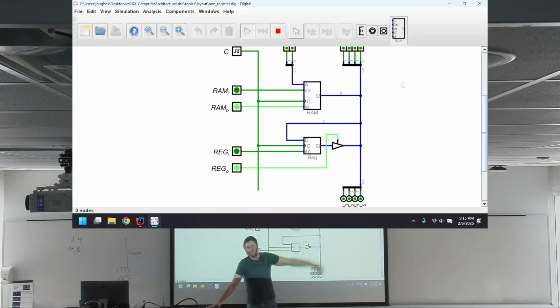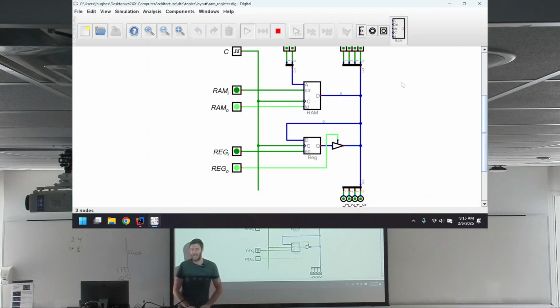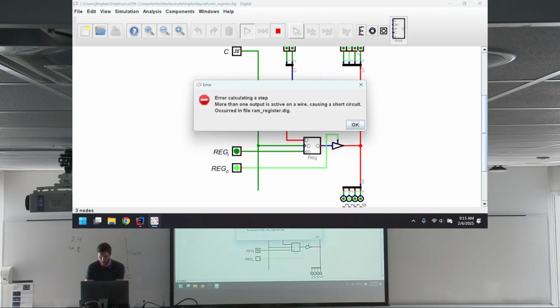What's going on? Well, I don't really know, but my guess is Digital will only discover that there's a problem when the signals don't match. Everything that is being added to the bus is zeros everywhere. It only notices something's wrong when something doesn't match. Which makes sense, I suppose.